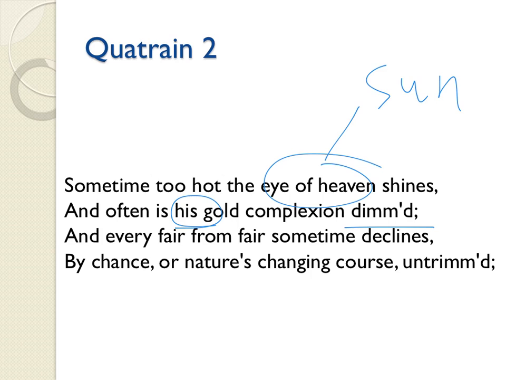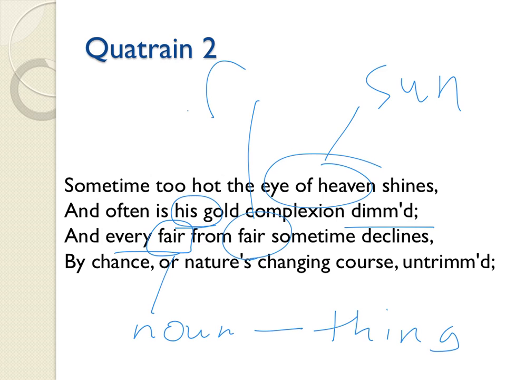And finally, he says, and every fair, and here I want you to read this as a noun for some kind of thing. Every fair thing from fairness sometimes declines, by chance or nature's changing course untrimmed.